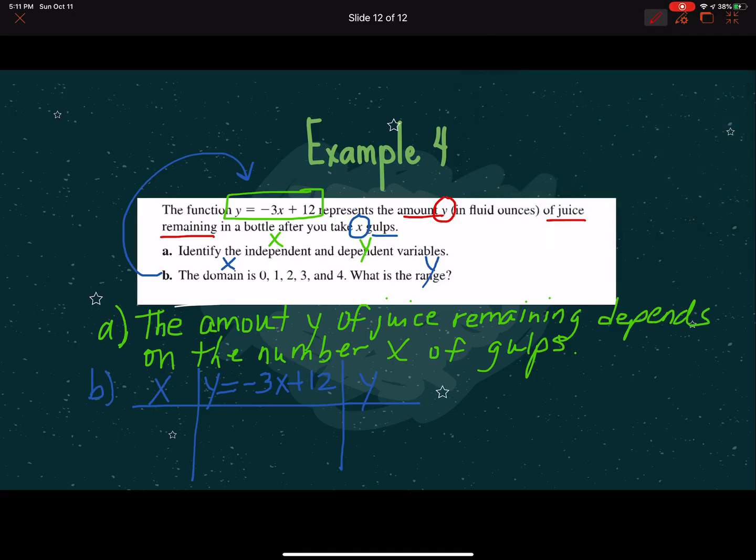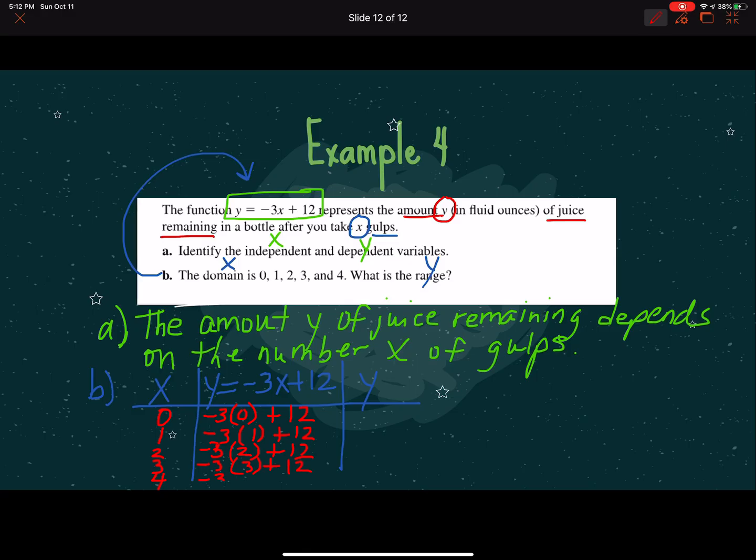So if I were to substitute 0, 1, 2, 3, and 4 in place of x, that's going to allow me to solve for y. So this would look like negative 3 times 0 plus 12. This would look like negative 3 times 1 plus 12. This would look like negative 3 times 2 plus 12. Then we have negative 3 times 3 plus 12.